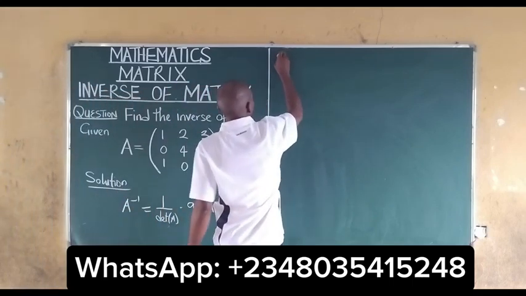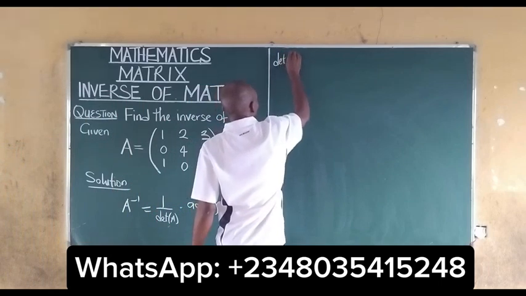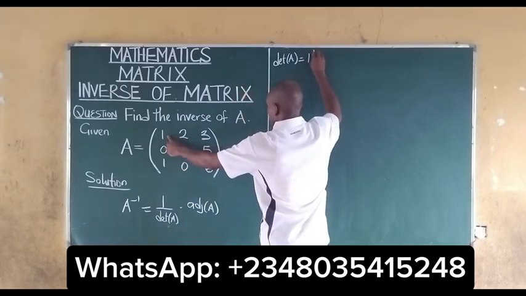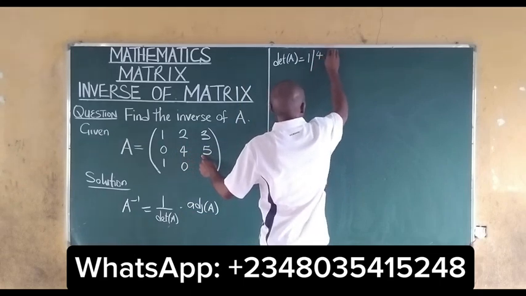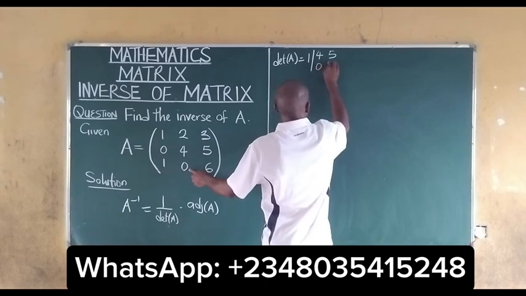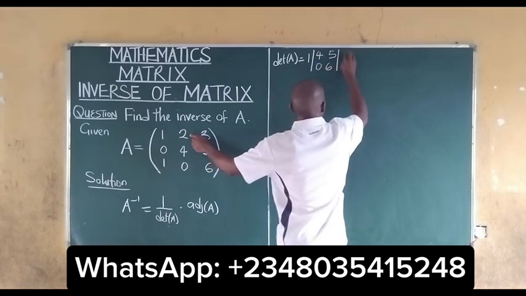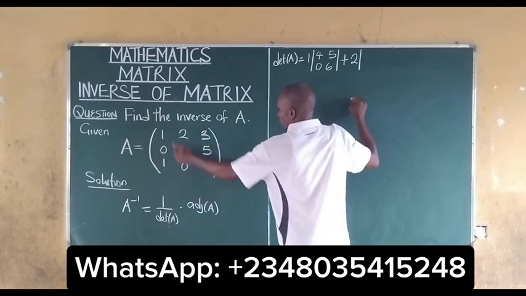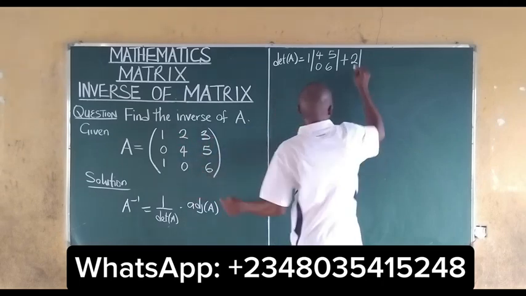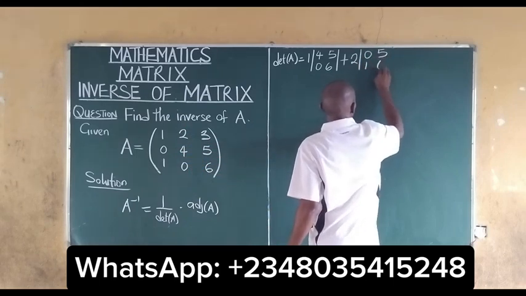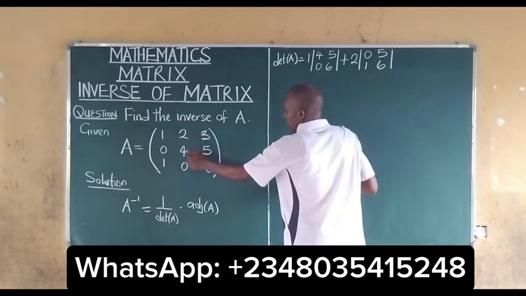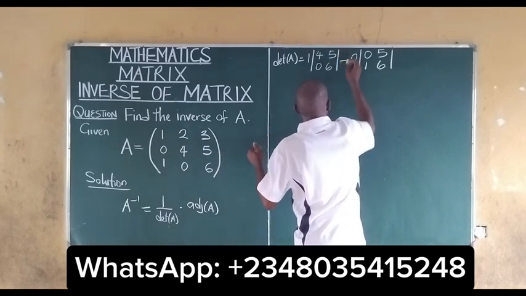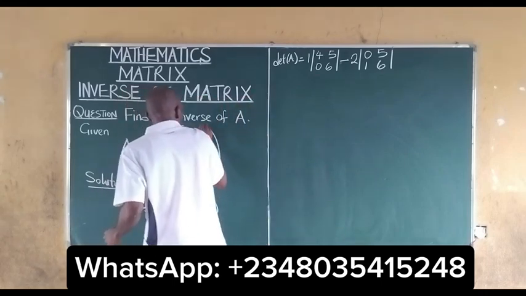So the determinant of A is equal to 1 into the minor 4 5 0 6, plus 2, ignore this, so you have 0 5 1 6, and 3, where we have positive, negative, positive.